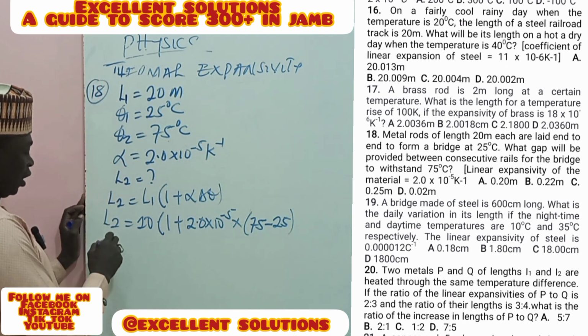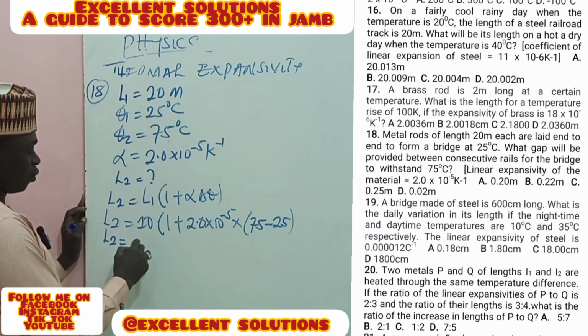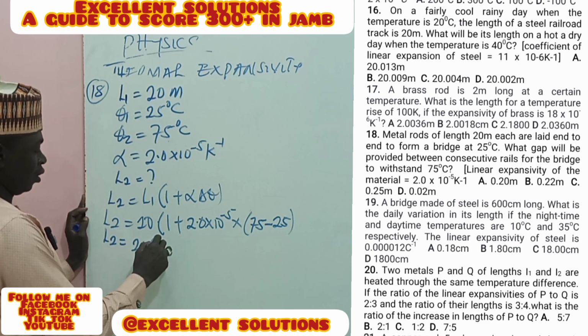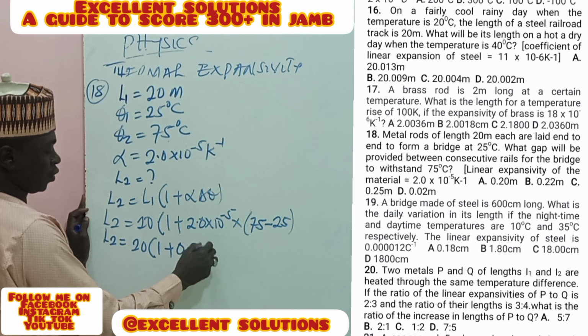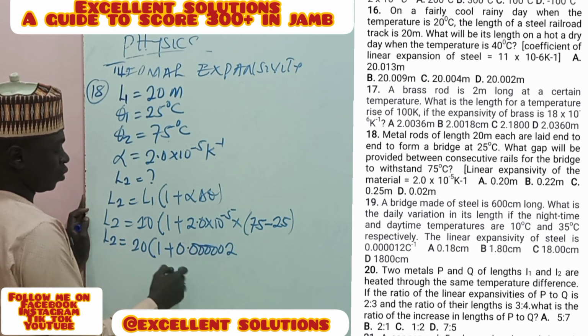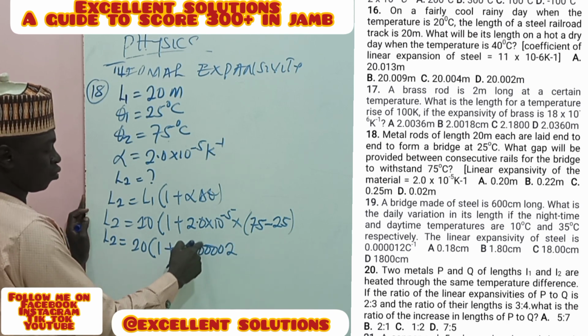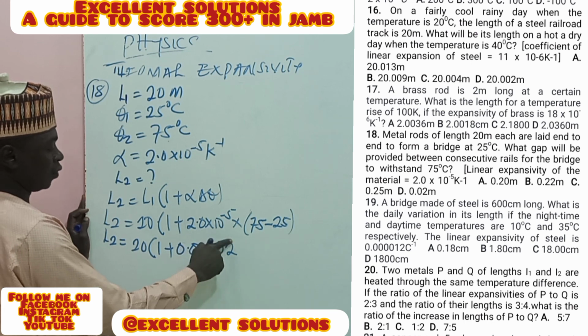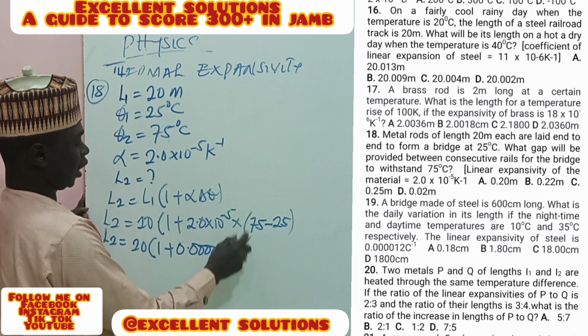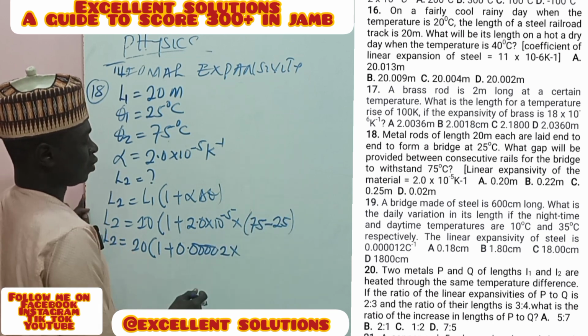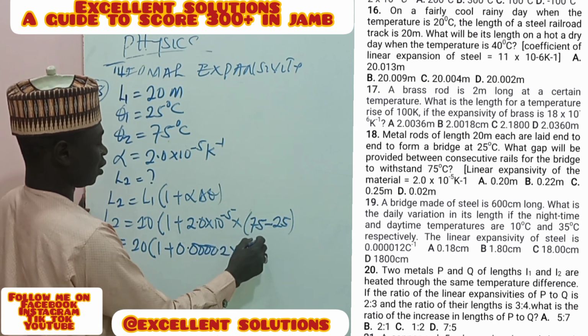So L2 equals 20 open bracket 1 plus 0.000002, that's minus 1, 2, 3, 4, 5. So we have 2 here, then multiply by 75 minus 25, we have 50.